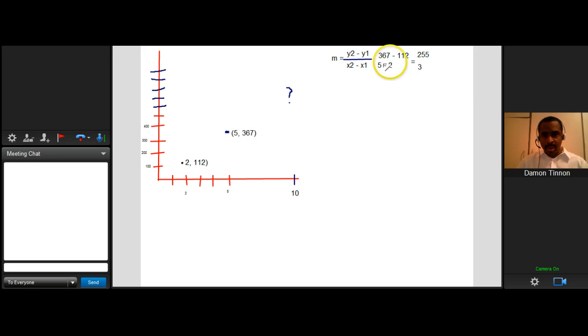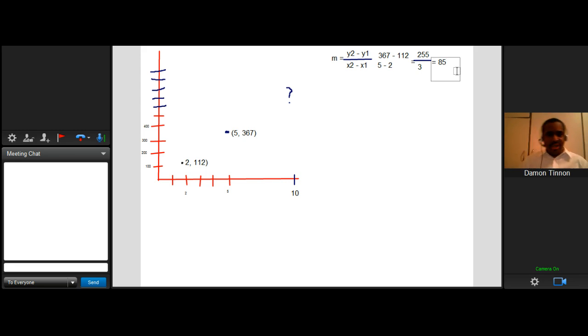So I'll just draw my bar here. And then if you do the division on that, you're going to get the number 85. So the slope is 85.